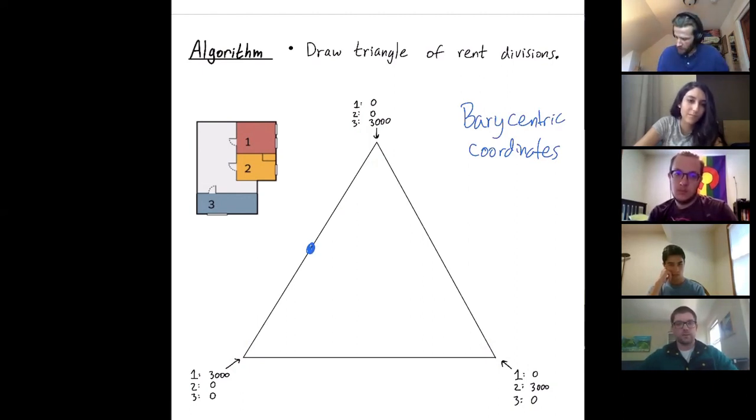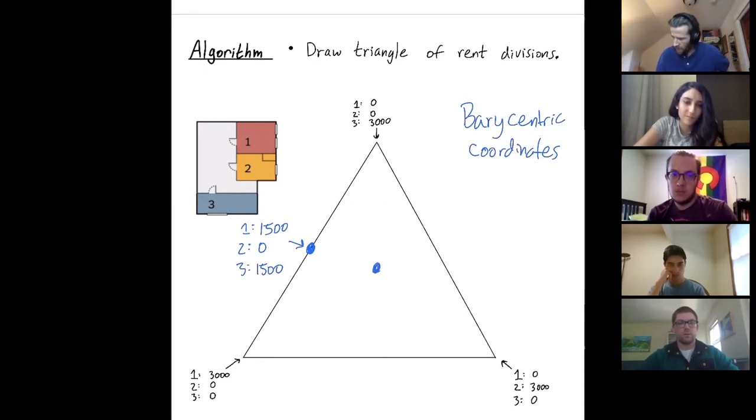Okay, so this point in the triangle represents the division where, what have we done? We've interpolated halfway between vertex 1 and 3. So the first room should now be only half the price, and the third room should be only half the price, whereas the second room is still $0. Right? For the second room, when I interpolate between $0 and $0, I get $0.